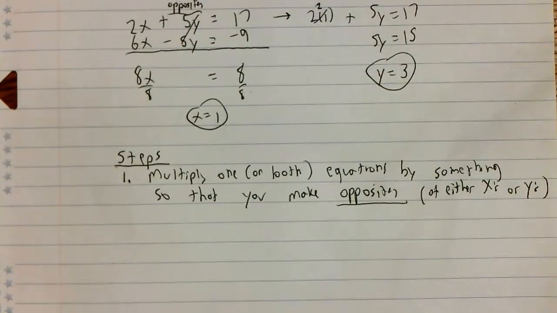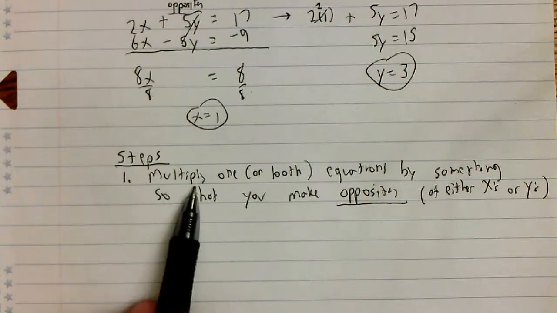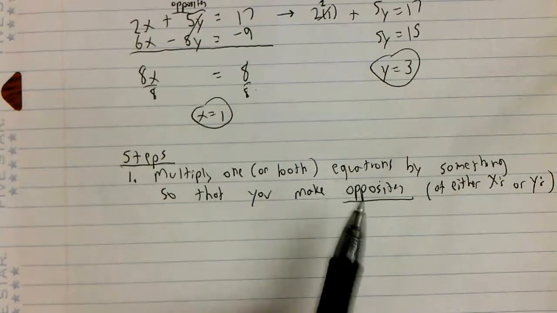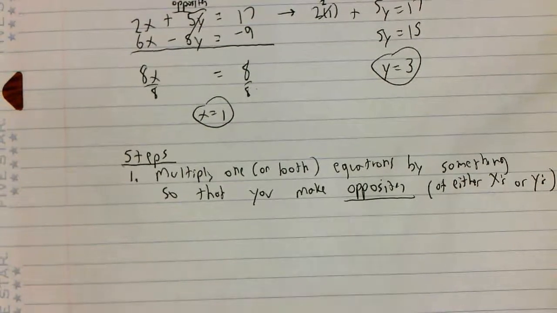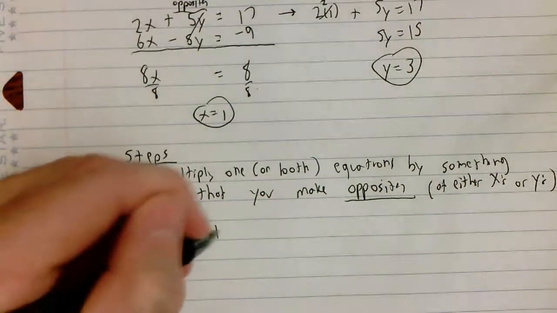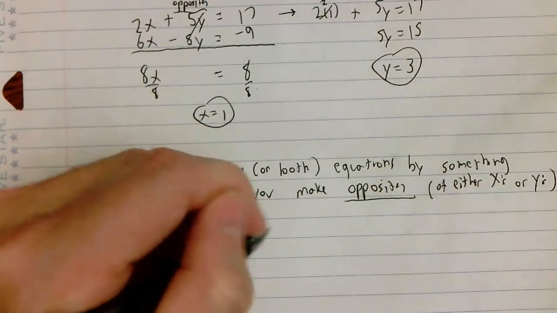This, you guys, is the key step in solving the system by the elimination method: multiplying the equation by something so that you make opposites. And from there on, you're good to go, probably. Then, add the equations together.